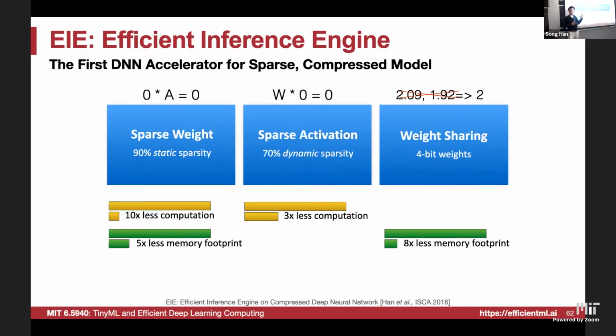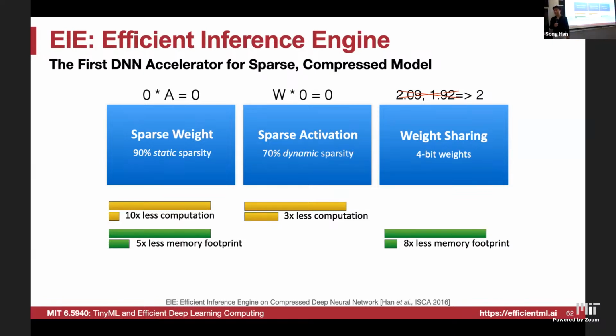So these are the 3 principles we can apply. Even though this is from 2015, even 8 years later, this is still the principle that we can apply to modern neural networks. Even for large language models, pruning and quantization are still very popular approaches to accelerate them.